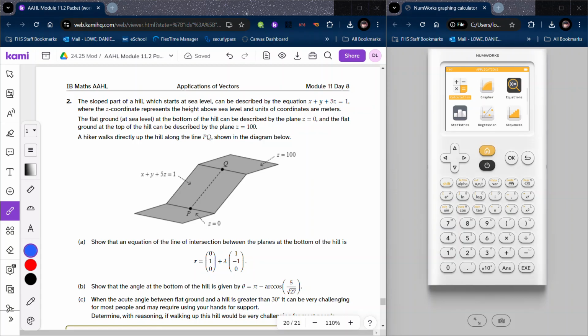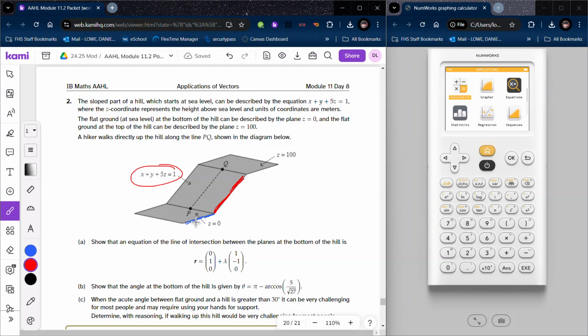Okay, so in this particular problem we have a slope part of a hill which starts at sea level. So we can say that this little bottom part of my hill starts at sea level and it is described by my equation, x plus y plus 5z equals 1. The z coordinate represents the height above sea level.